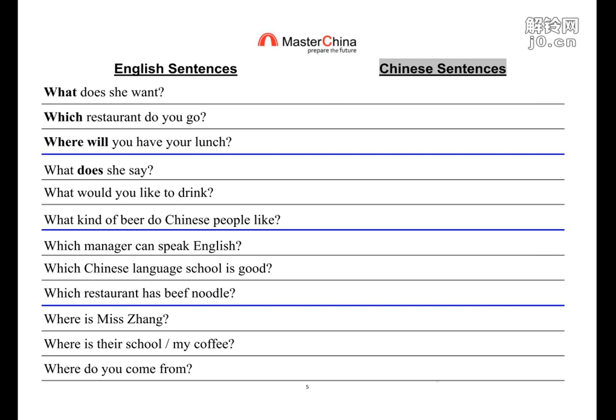Maybe some English sentences look very strange because they should be past tense or future tense. It should be more reasonable, but it just helps you to focus on this practice. We only use the present tense. Okay, so please do this exercise yourself first. Later, we check together.